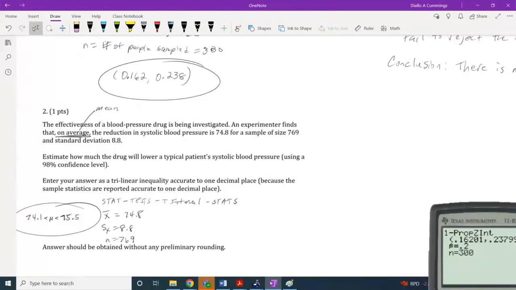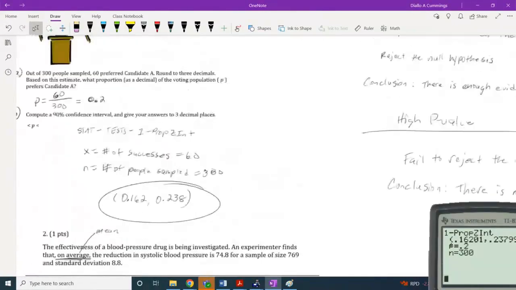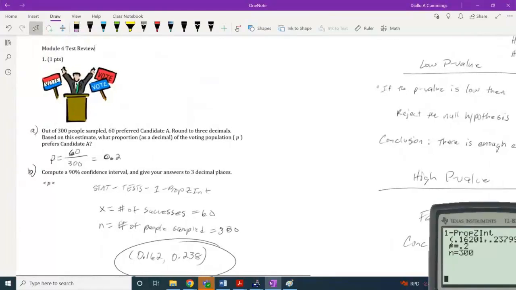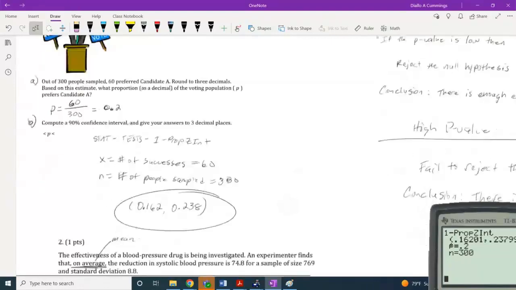If you're dealing with a proportion, you'll use the one proportion Z interval. So that's the difference. There is no T for a proportion, but for the mean, you always want to use the T.